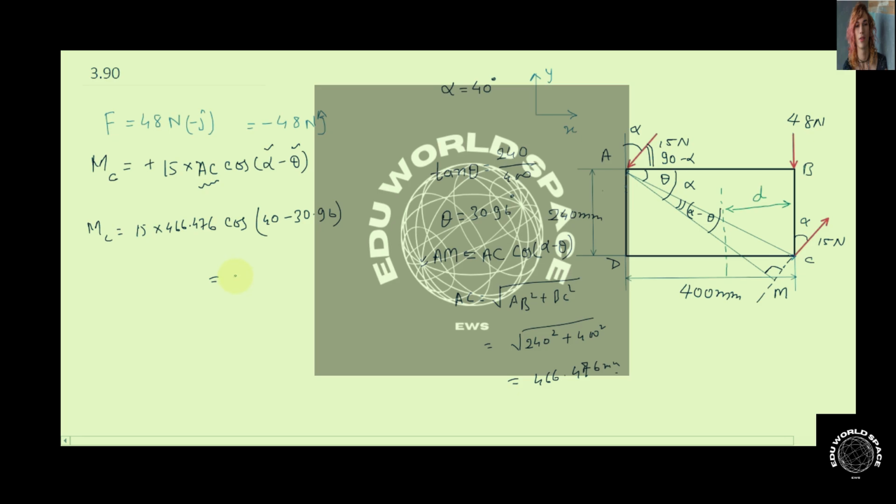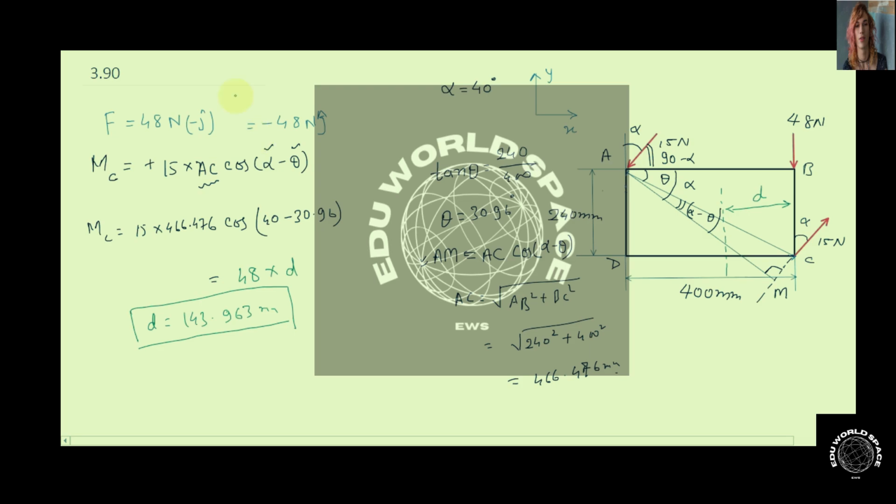So it will be our equivalent force, 48 multiplied by d. So we can equate these moments, and from this equation d comes out to be 143.963 mm. So our line of action in the first part will pass at a distance 143.963 mm left of point C.